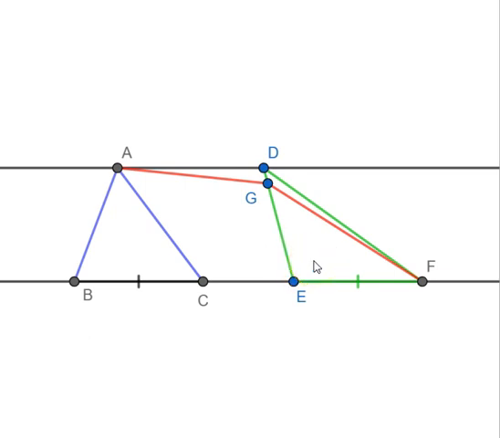So since we have reached a contradiction, we can say that G has to be at D for these two triangles to be equal, which means AD is parallel to BF. Of course, again, to complete the proof, we have to take G above this as well. But that is trivial. Logic follows the same steps.